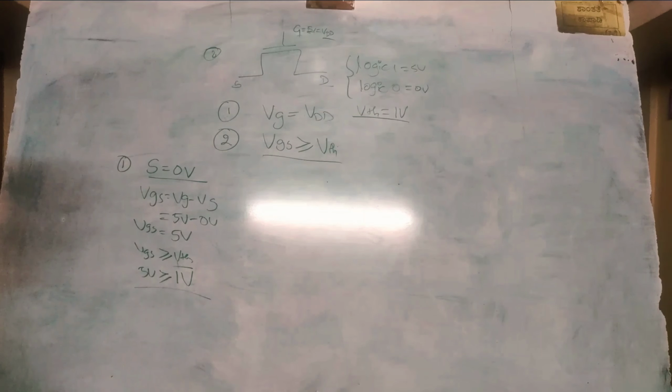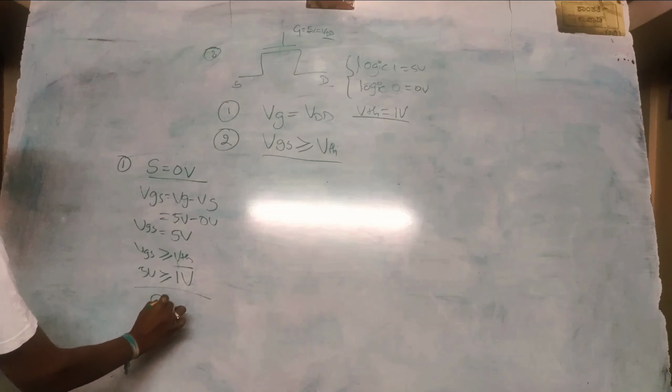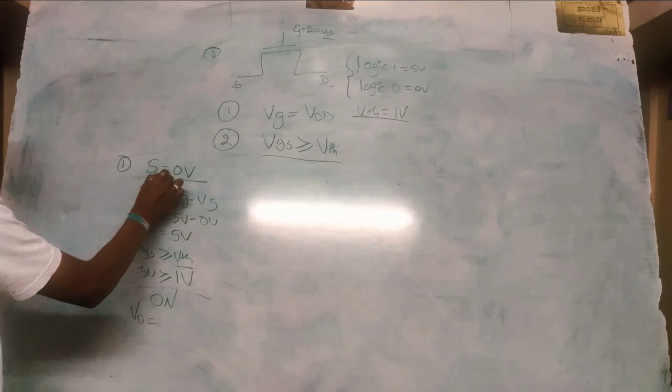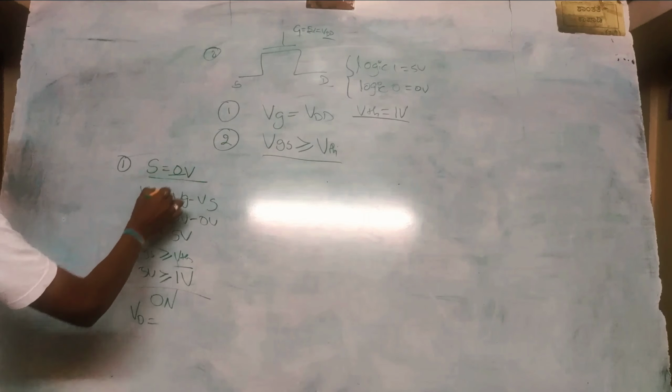So the condition is satisfied and the NMOS will be on. VD is equal to what we have given, that is 0 volts. We have obtained 0 volts at the drain terminal. This is my case 1.